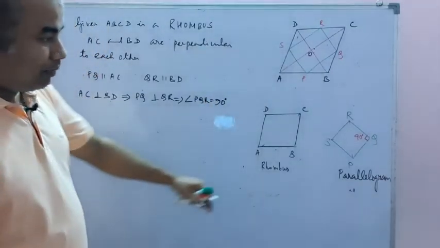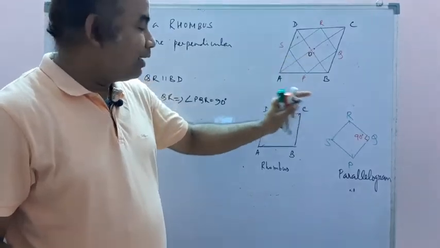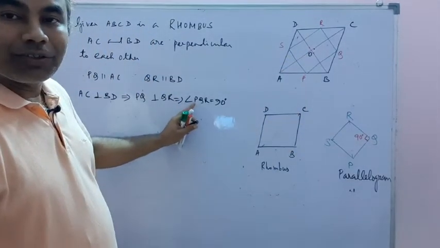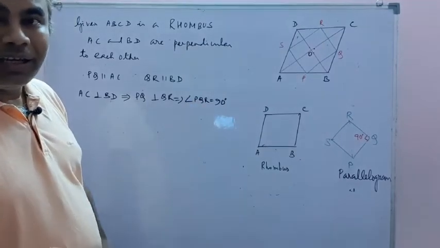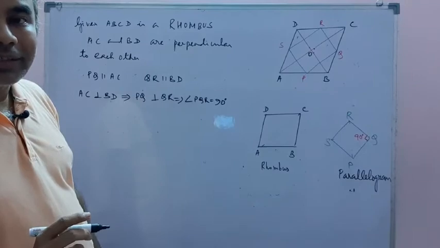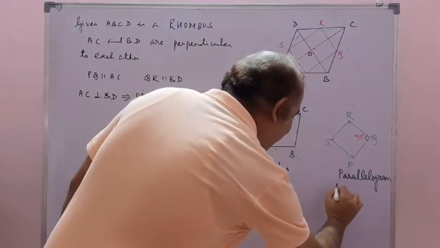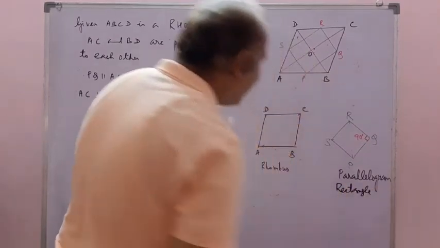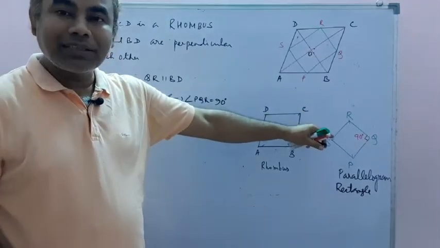Now PQRS is already a parallelogram, we proved it already. And this is a parallelogram where one angle is 90 degrees. So what is the name of the parallelogram where one angle is 90 degrees? That parallelogram is called a rectangle. So this parallelogram you can now say is a rectangle. If ABCD is any quadrilateral, then PQRS is a parallelogram.